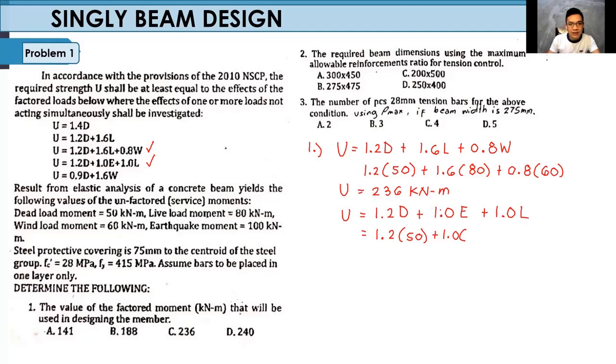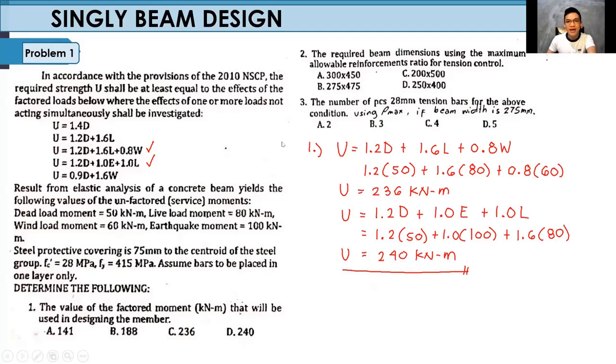Earthquake natin is 100. Yan po. And then last is yung ating live load, which is 1.6. Same pa din, by using our calculator, the result is equivalent to 240 kilonewton meter. So therefore, if you will compare the two, mas malaki yung 240, so we will be using 240 kilonewton meter. And that is the answer for our number 1.